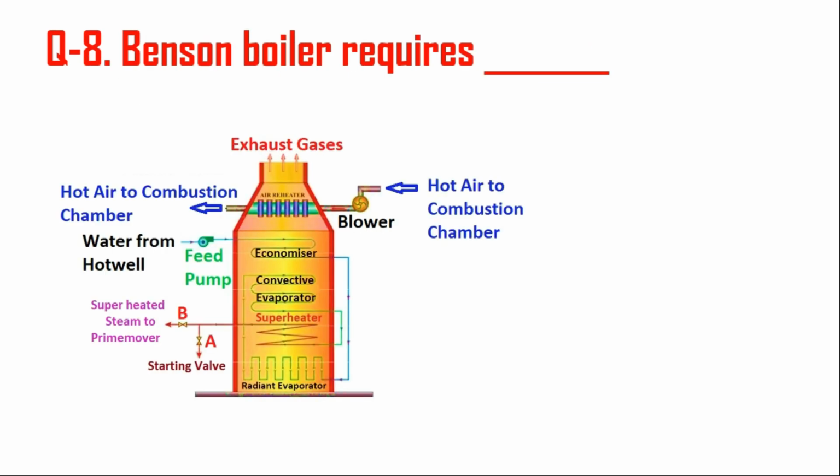Question number 8. Benson boiler requires no drum. Here you can see that in the schematic diagram of Benson boiler there is no drum, while in Lamont boiler we are using a drum.